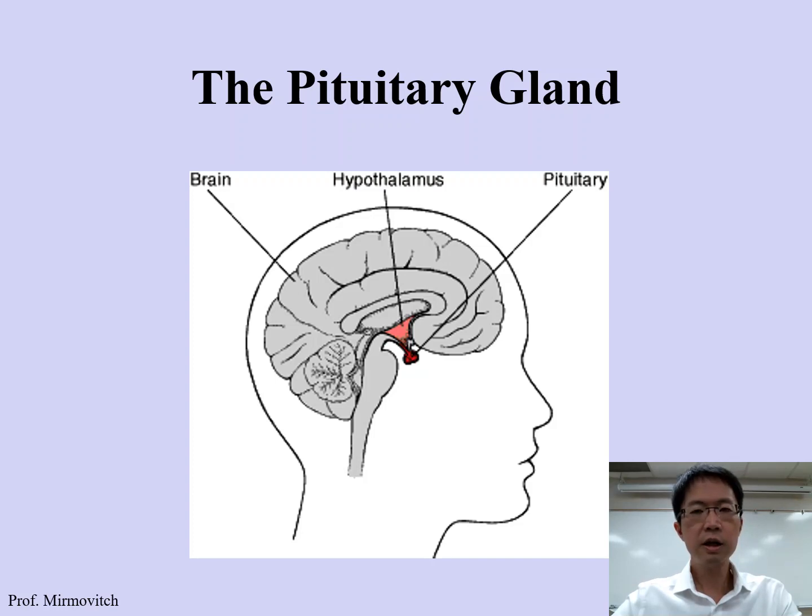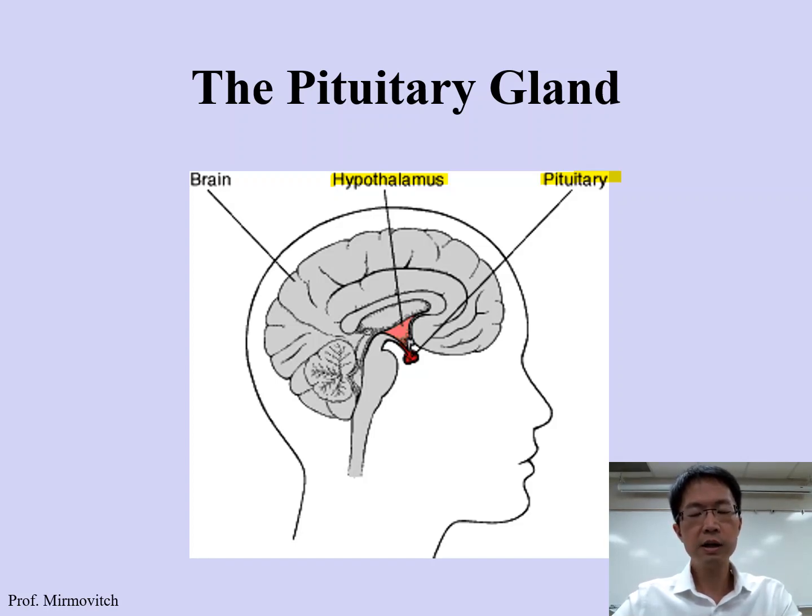So I already gave you the endocrine pathway for the reproductive pathway. This is our brain, this is the hypothalamus, and this is the pituitary gland. As you can see, the hypothalamus is on top of the pituitary gland. The pituitary gland has two parts: one is called anterior, one is called posterior.